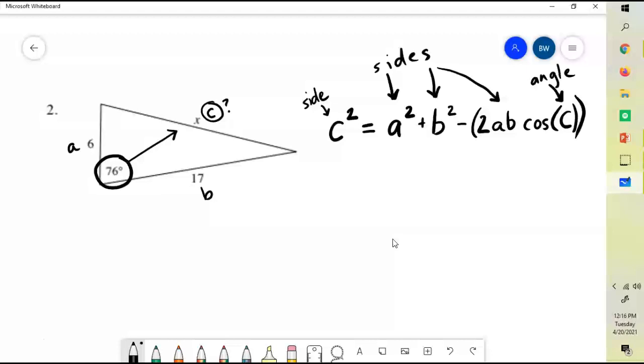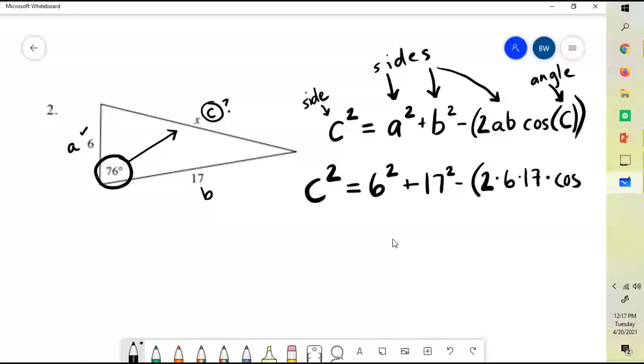So, C squared is going to be equal to A squared, which is 6 squared, plus B squared, which is 17 squared, minus 2 times those sides, again, 6 and 17, times cosine of this angle right here, uppercase C, 76.